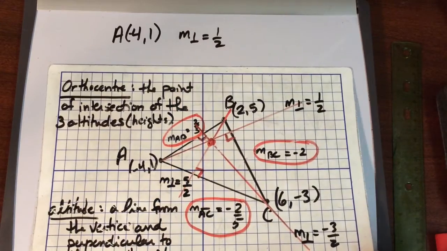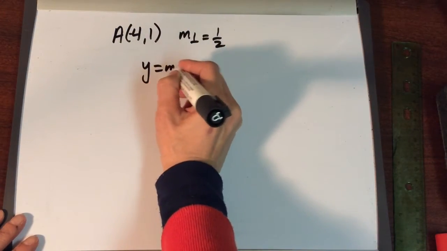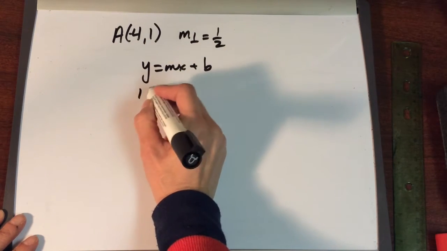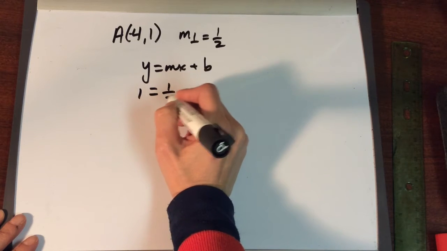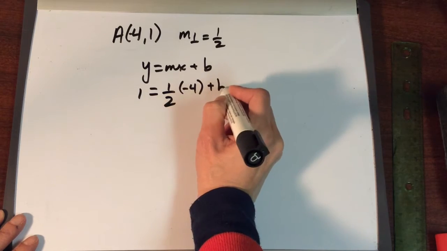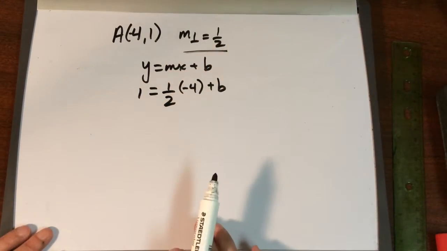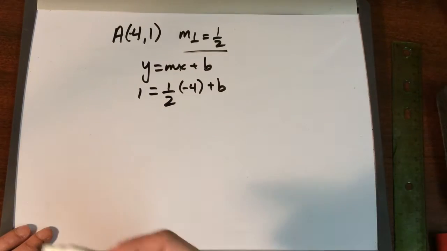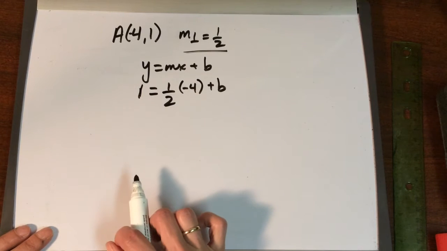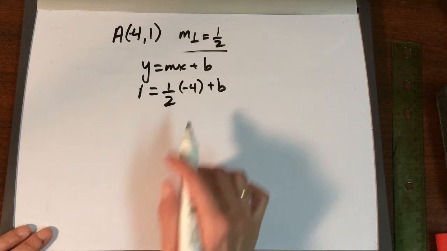Okay, and so to find the equation of the line, again, y equals mx plus b, and we've got an x, a y, and the m, so 1 is equal to 1/2 times -4 plus b. Now remember, we've already solved for these from previous videos, and that's why I'm not redoing the same thing again. You can look at the previous video on circumcenter and centroid to find out how we got the slope.